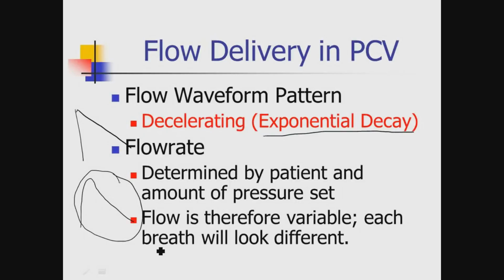You want more flow? Take more flow. You don't need as much? Okay. Because pressure-based breaths have variable flow rates determined by the patient, if you look at a tracing, everyone's going to be a little bit different.